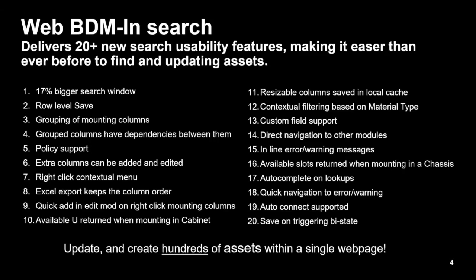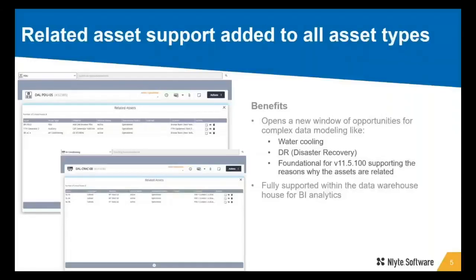So that's the editable search, or web BDM as we're calling it at the moment. That's a huge capability, and a huge advantage coming inside 11. Moving on, we go to the next piece, which is, again, the start of a really cool capability.